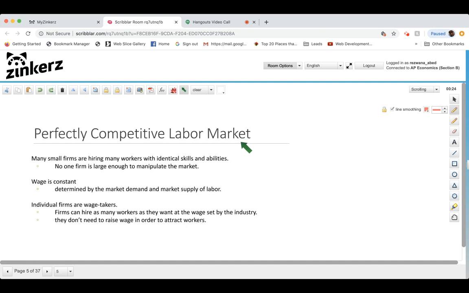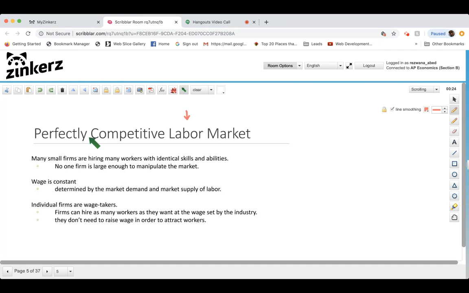Then we're going to talk about the perfectly competitive labor market. I know we talked about four different factors of production: labor, land, capital, and entrepreneurship. But for the purposes of this class and to begin with, we're going to focus on one of those factors, which is labor.